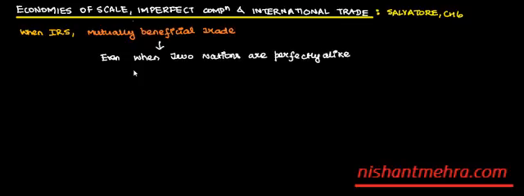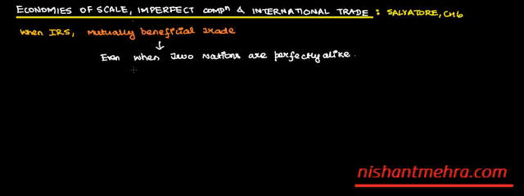Now, if you remember, if two nations were perfectly alike, the Heckscher-Ohlin model could not explain the trade. I mean, it cannot explain the basis of how a mutually beneficial trade could take place under that.